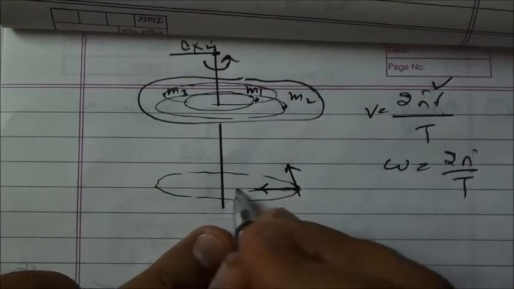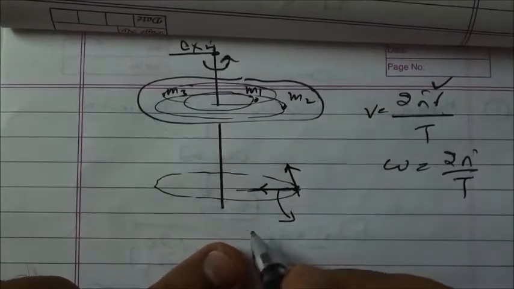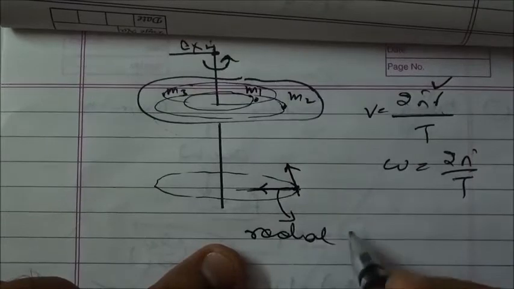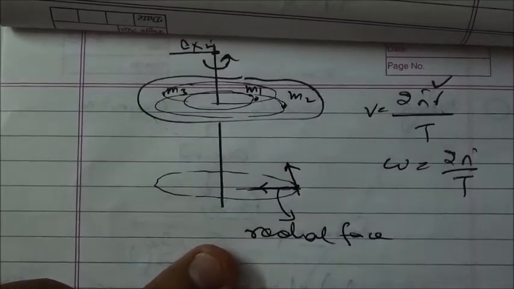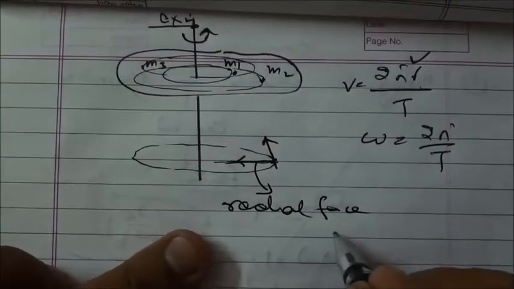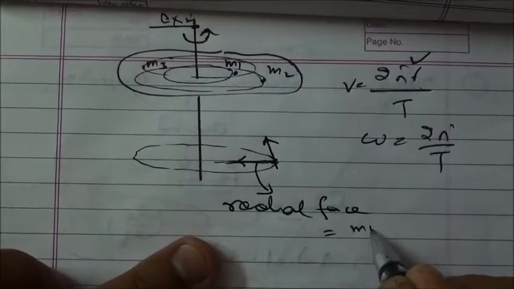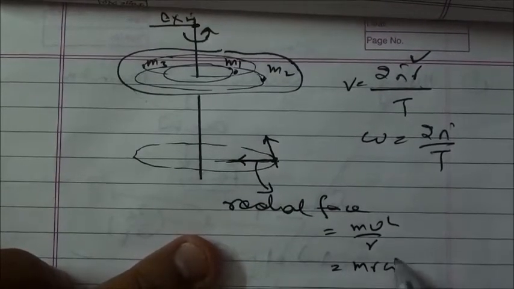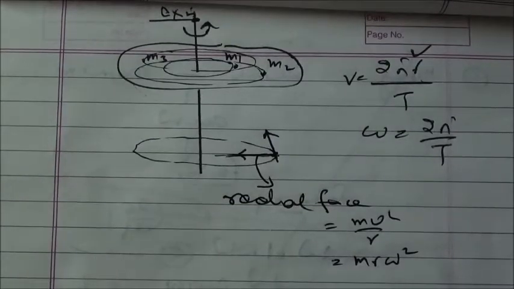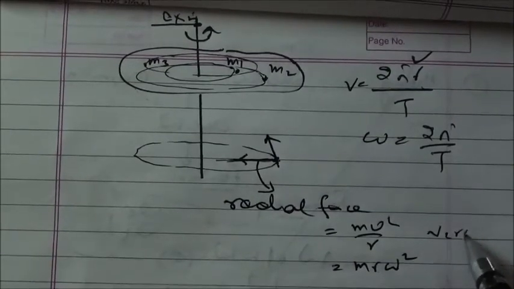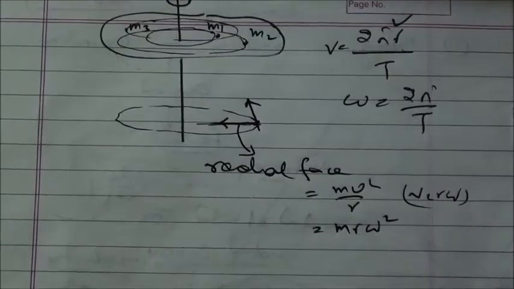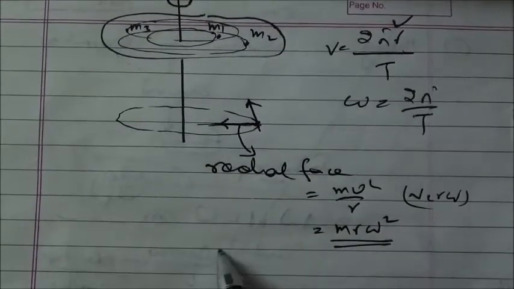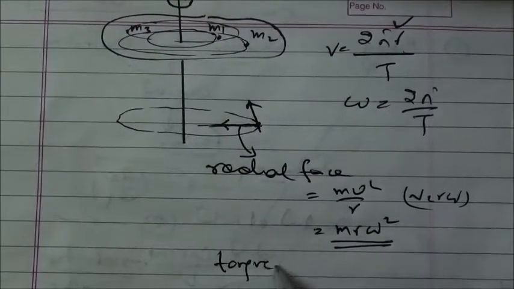This radial force, how much is this? Radial force along the radius towards the center, centripetal force, is m v square by r. So m r omega square, right? V is r omega, so I have substituted that. And what is the torque corresponding to it?